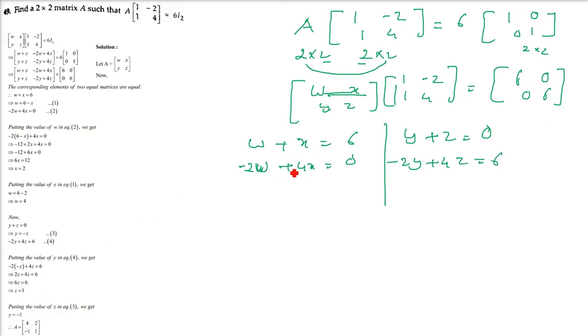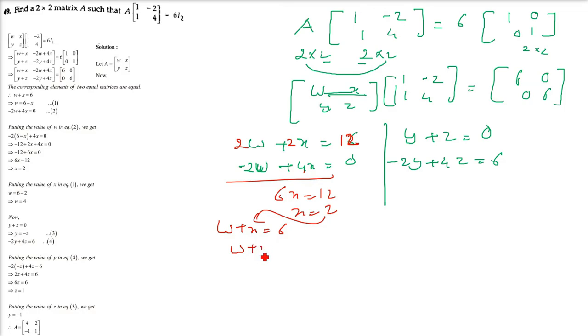So now what you can do here, I'm multiplying the first equation by 2, this becomes 12. Just add these two equations, this gets cancelled. 4x plus 2x is 6x, 6x equals 12, x is equal to 2. So x is 2, and w plus x was 6, so putting it here, w plus 2 equals 6, so w will be equal to 6 minus 2, that is going to be 4.